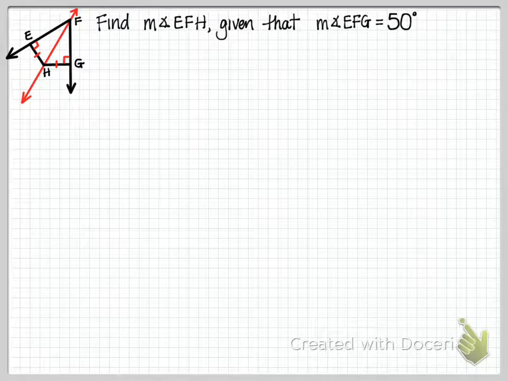And what we want to do is find the measure of EFH. Now the measure of EFH, that is this smaller angle right here. And that's what we're out to find, given that the larger angle, EFG, is 50 degrees.